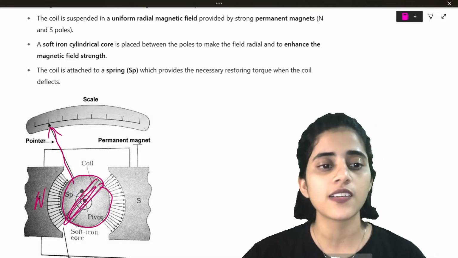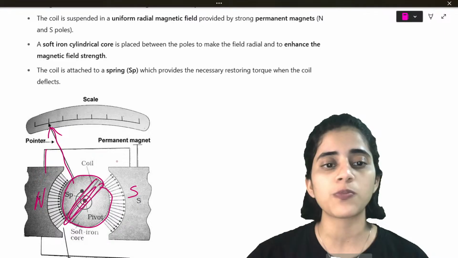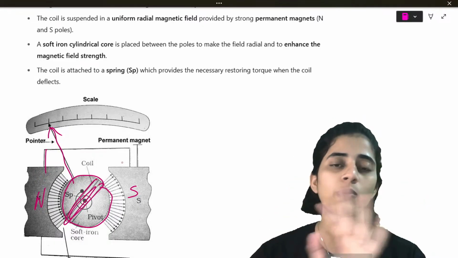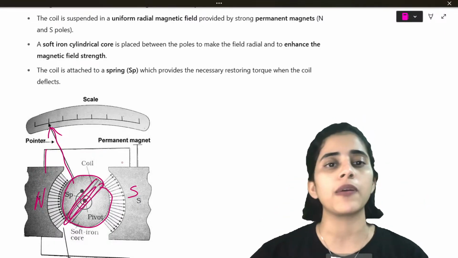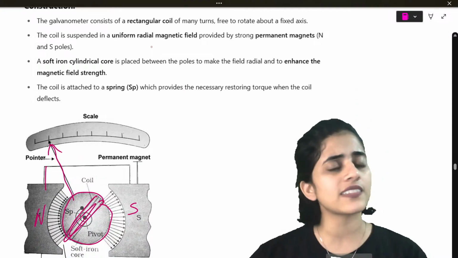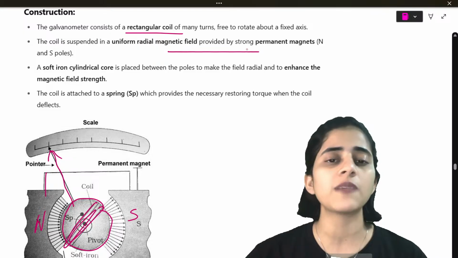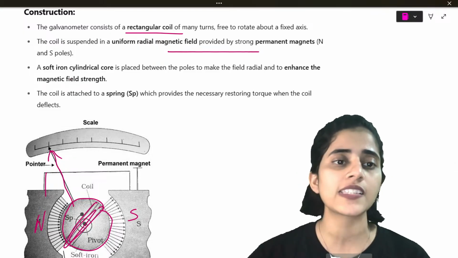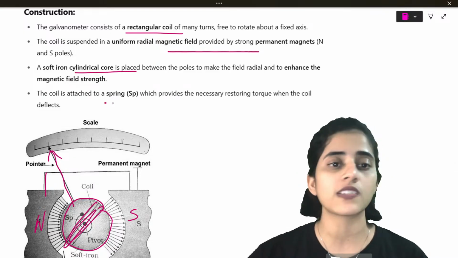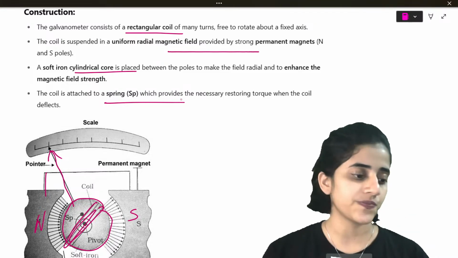And then there is a north pole and a south pole, both permanent magnets. So, the steps I just explained: there's a rectangular coil, there's a magnetic field provided by strong magnets, and there's a core, there's a spring, and there's a pointer.